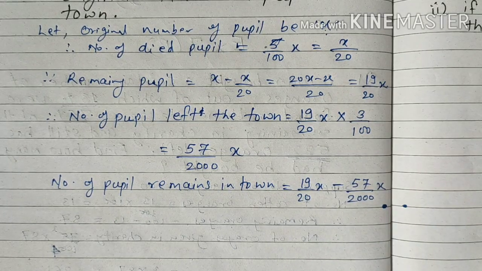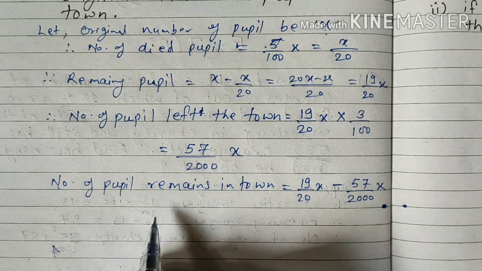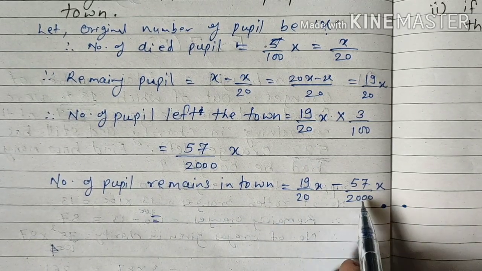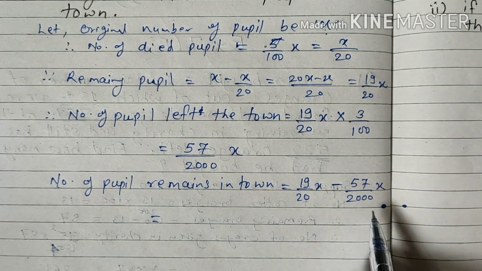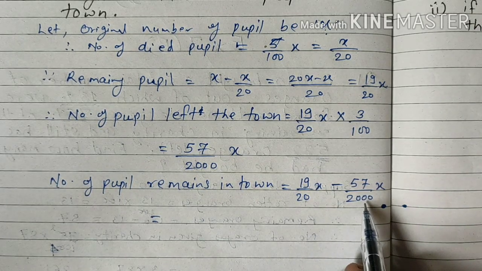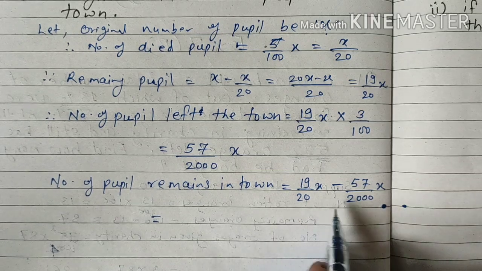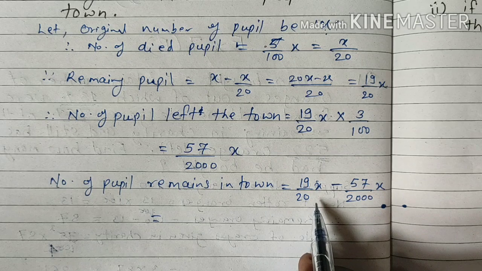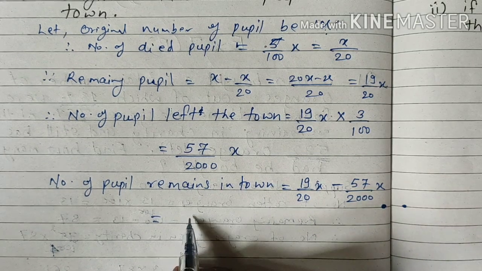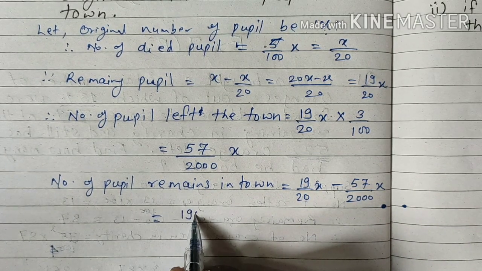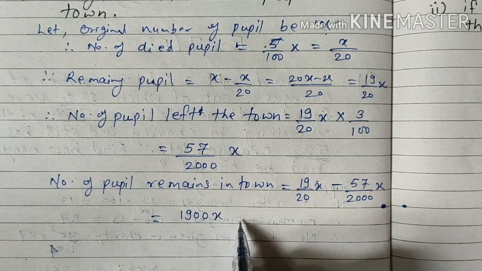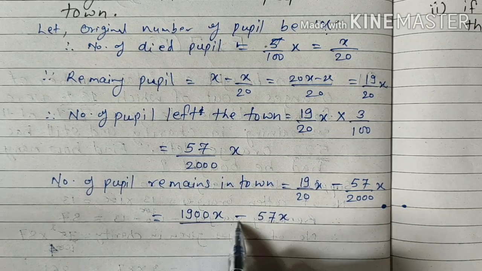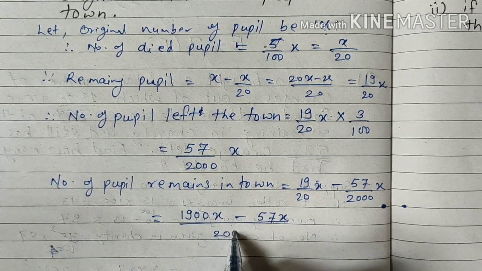Okay. Understood this thing? So the remaining people will be, denominators are different, no? So we need to take an LCM here, with 2000 and only 20. So we should multiply both numerator and denominator by 100 to get 2000. So when we multiply it by 100, it will be like this: 1900X minus 57X upon 2000.